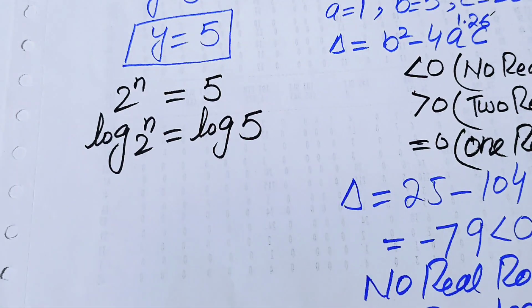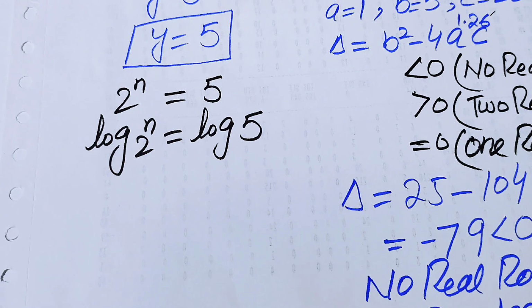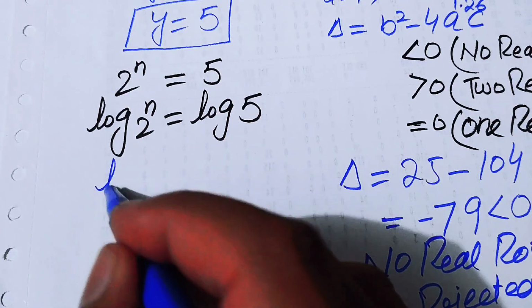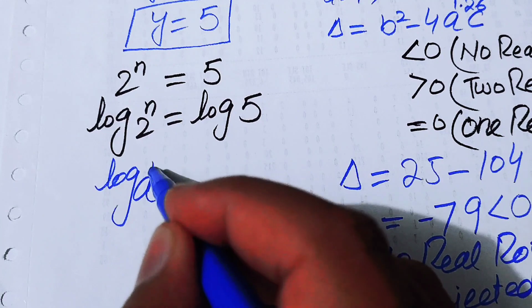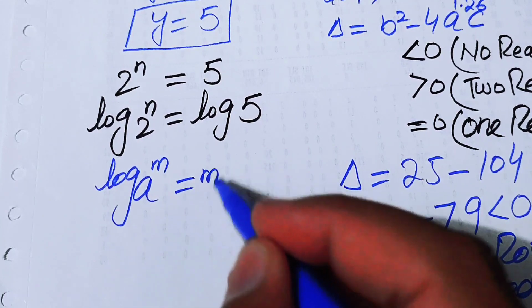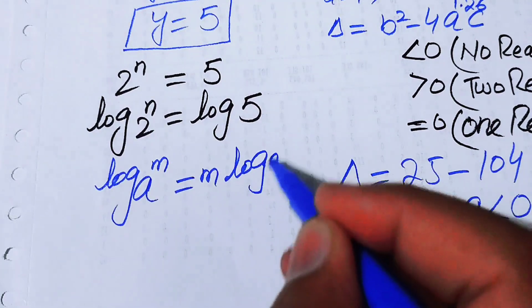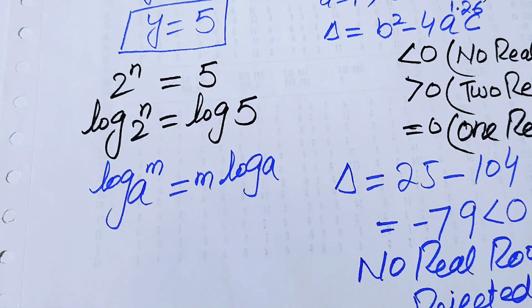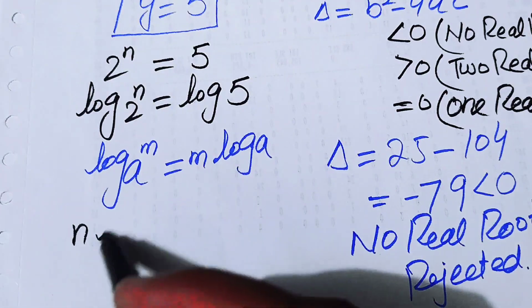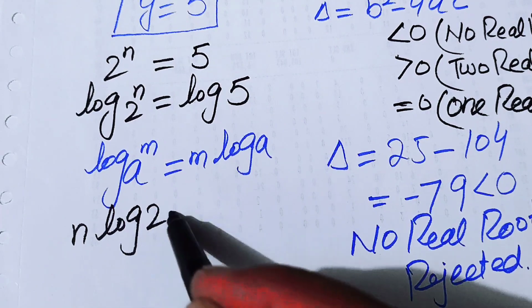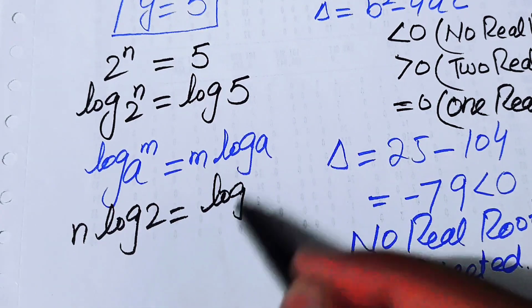And now we can apply the nice property of logarithm: if we have log of a to the power of m, it is equal to m times log a.